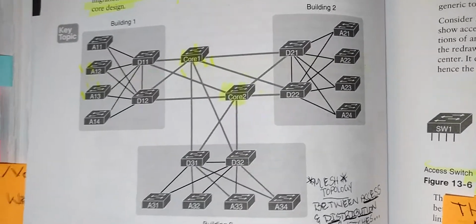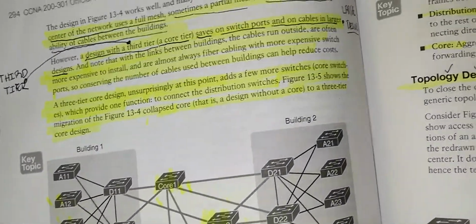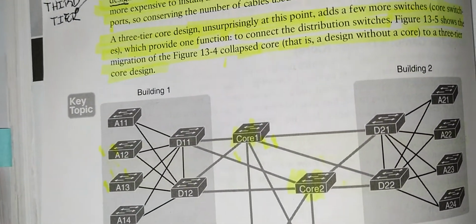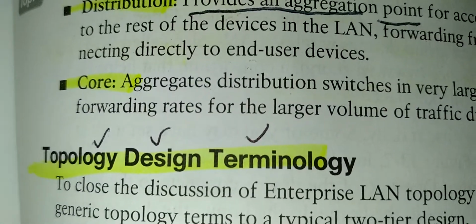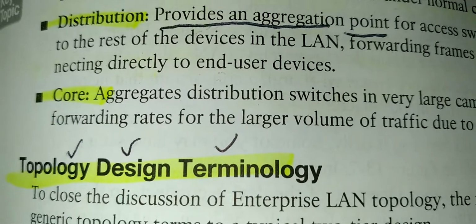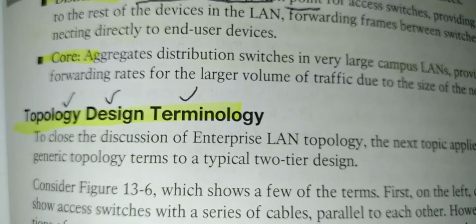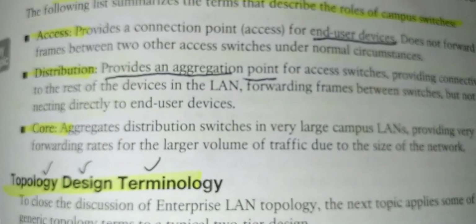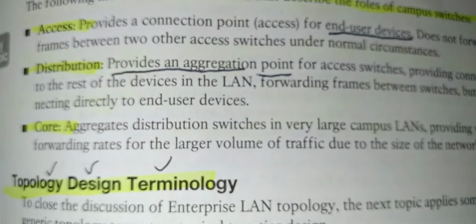On a campus, the best way to connect them together is via the core layer. The core layer is going to group together the distribution layers. This is the core layer. Definition of a core layer: the core aggregates distribution switches in very large campus LANs, local area networks, providing very high forwarding rates for the larger volume of traffic due to the size of the network.